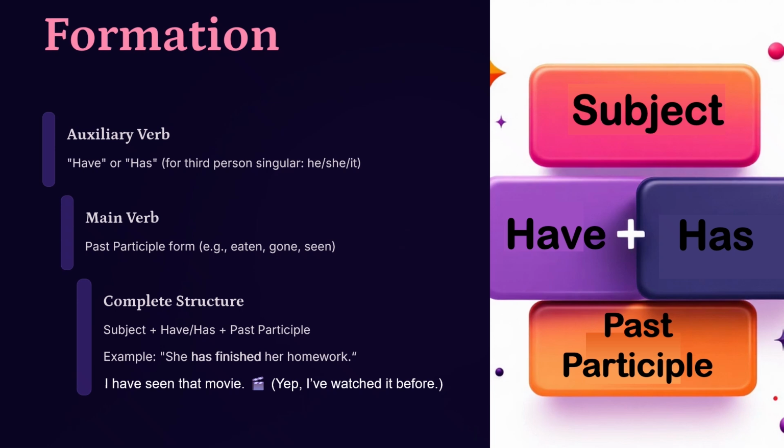Subject plus have or has plus past participle. For example, she has finished her homework. Look, she is the subject, has is the helping verb or auxiliary verb, and finished is the past participle. Or I have seen that movie.